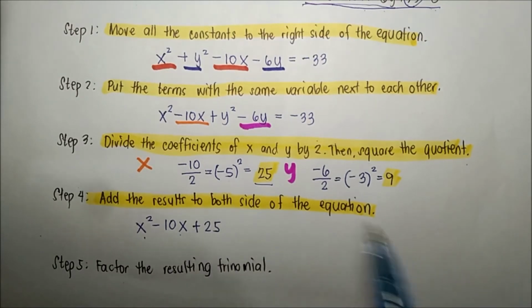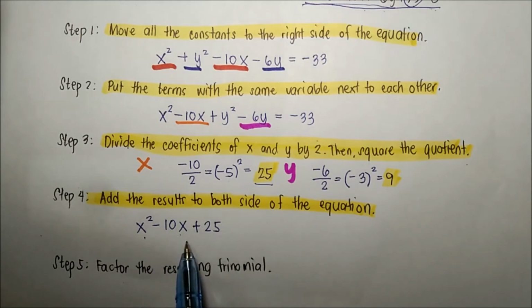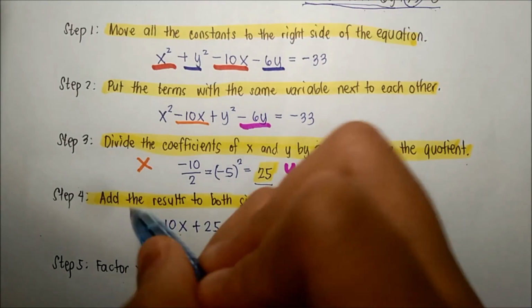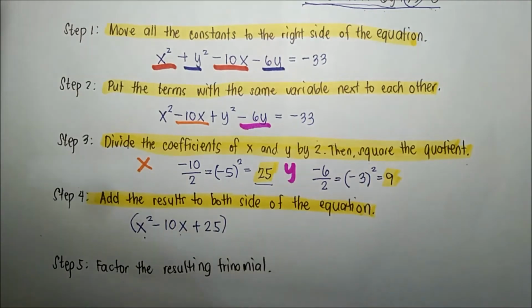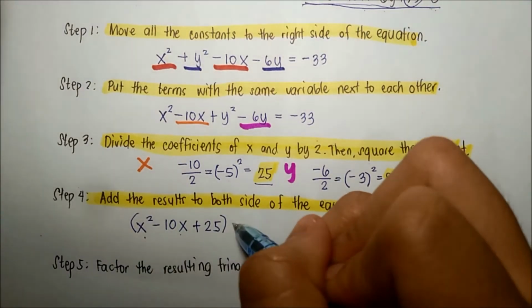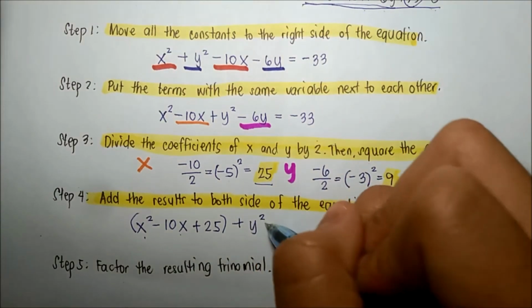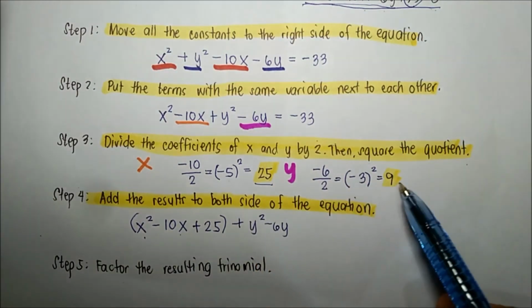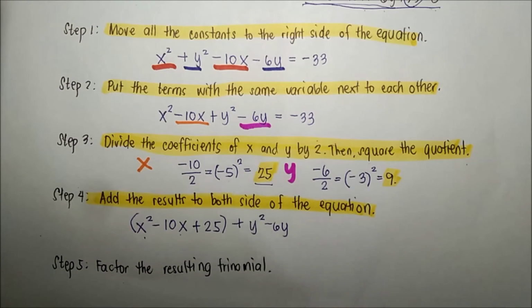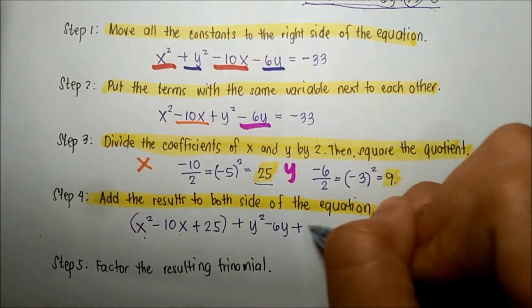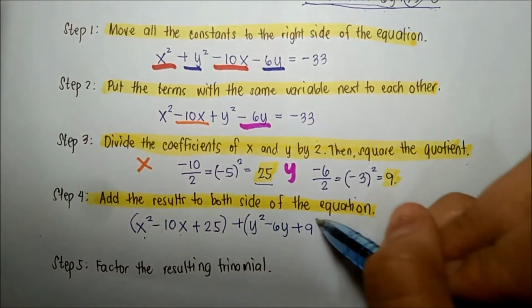Have you observed that this one is a perfect square trinomial? Plus, we copy y squared minus 6y, and then we will insert 9 next to negative 6y to make it another perfect square trinomial.